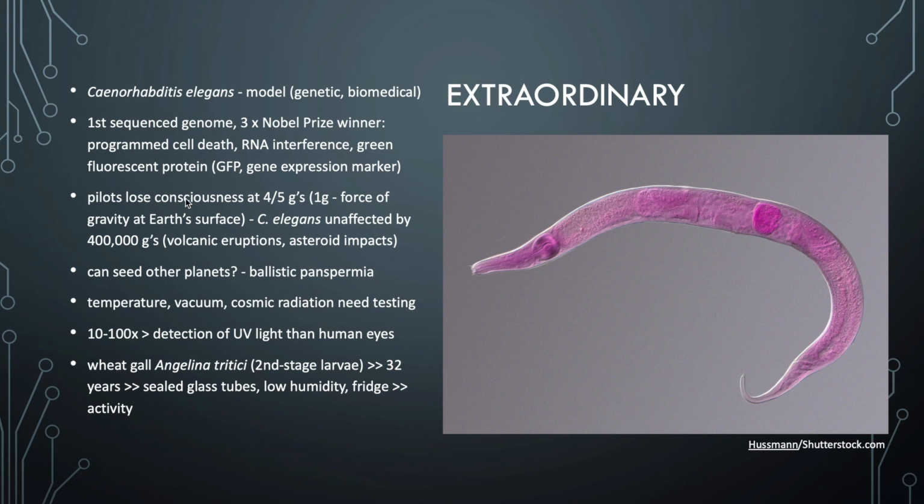Interestingly, human pilots lose consciousness at 4 or 5 Gs, and 1 G is the force of gravity at Earth's surface. So it's the gravitational force, a force that is necessary to overcome gravity. But when C. elegans is subjected to 400,000 Gs, it remains unaffected.